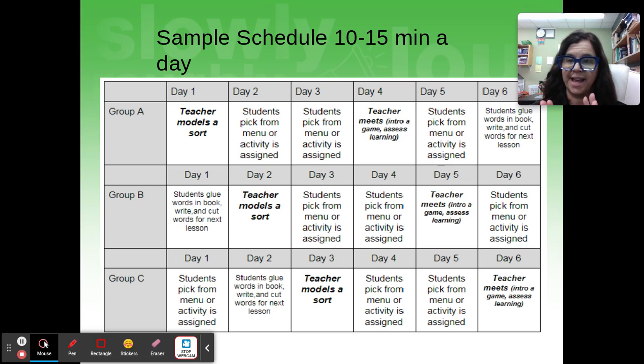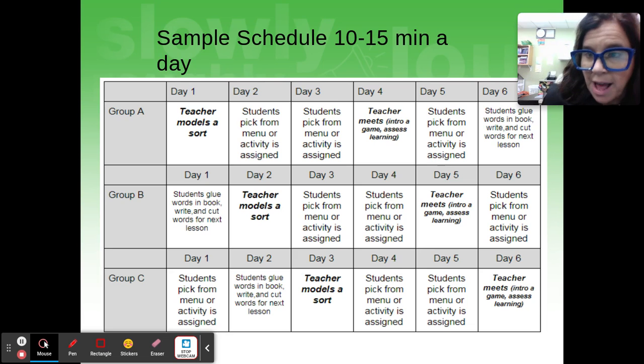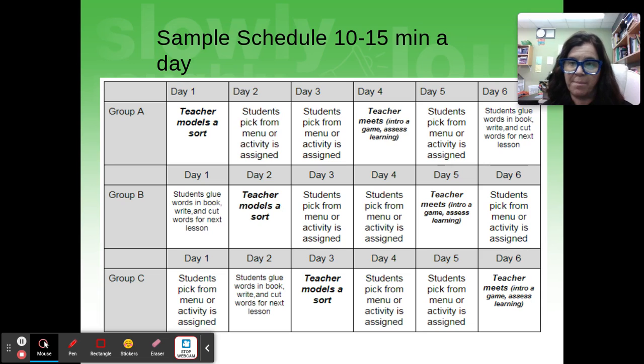The other thing that some teachers do is they say, I'm going to make Monday my word study day, where I am going to meet with every group on Monday. So maybe I meet with those groups during reading workshop. So my reading workshop on Monday is my word study day, where I'm going to pull my groups and I'm going to give everybody their introduction of their sort.